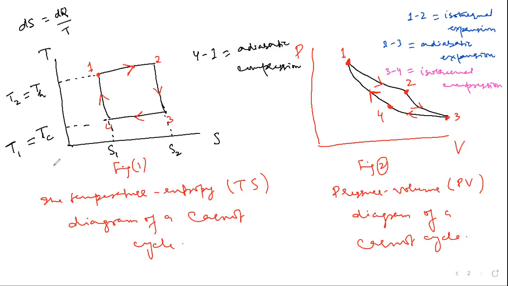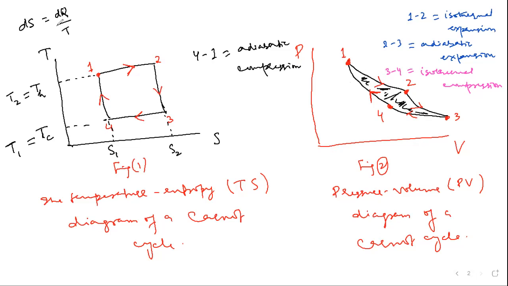Another thing which I want to mention here, in PV diagram, we know the area under the curve represents the work done, right, by the system or work done on the system, right? And we know the area enclosed within this loop in the PV diagram is net work done by the system, right?